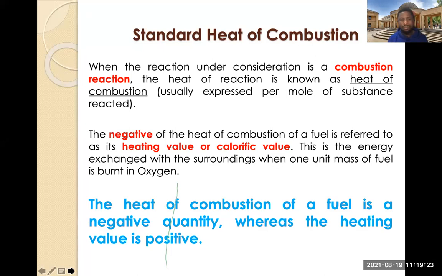So fuel is being burned. So take note of that, and evidently it is an exothermic reaction. That is why we say the enthalpy change is negative. Heat is being released. So undoubtedly, it is exothermic. However, the heat itself is positive. The heating value is positive.